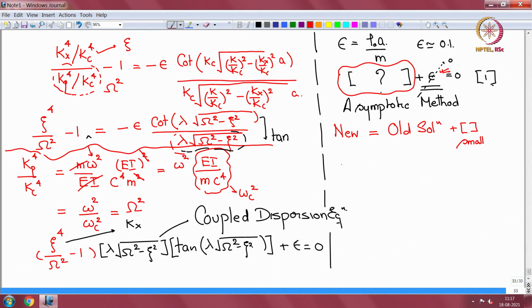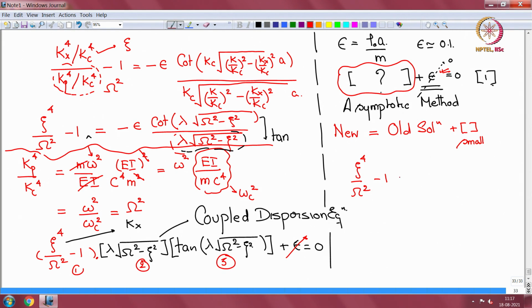When epsilon is 0 we get xi fourth by omega square minus 1, and we set it to 0. Then there are three terms in a product, and so any one of them can be 0.